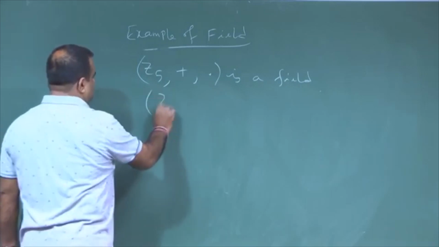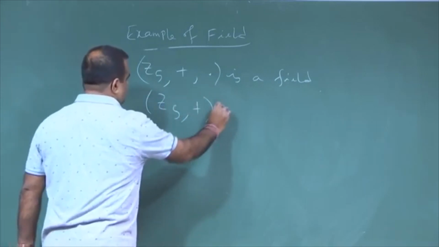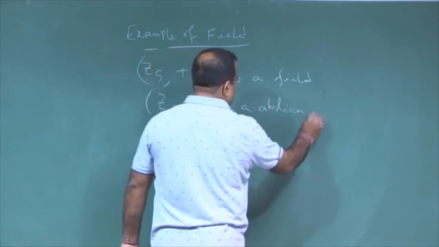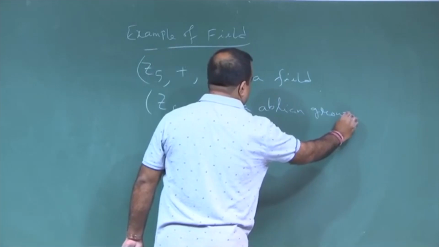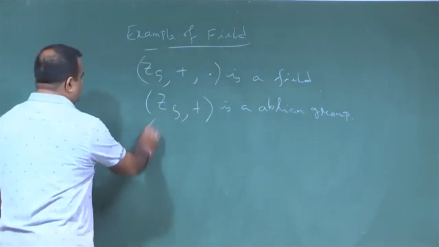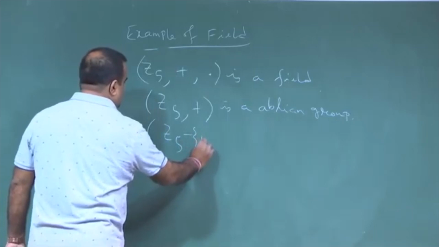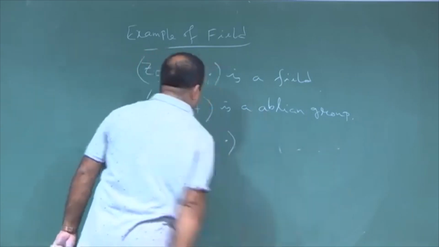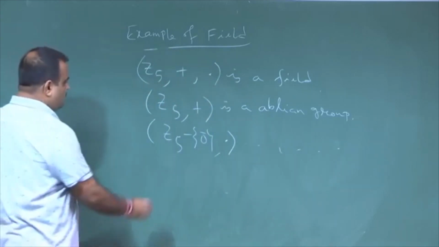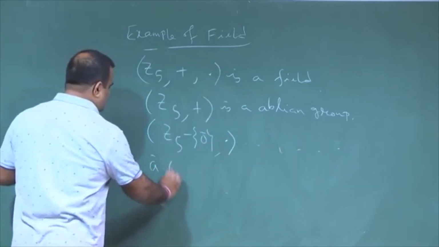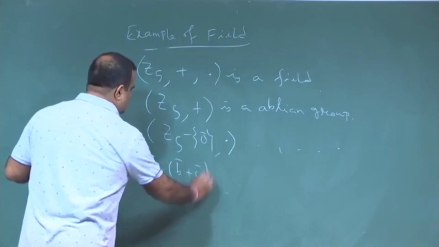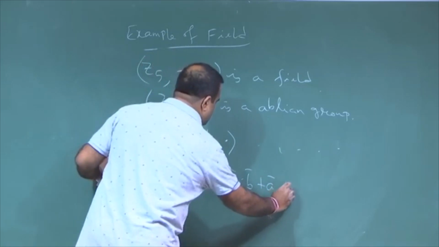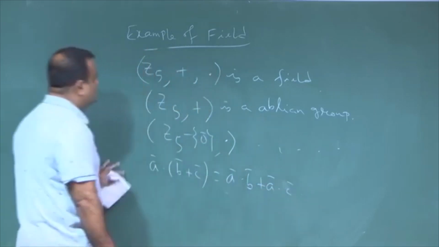We know this is an abelian group, and if we exclude 0 from here, this is also an abelian group, and we can have the distributive property, say a · (b + c) is equal to a · b + a · c. So this is a field.